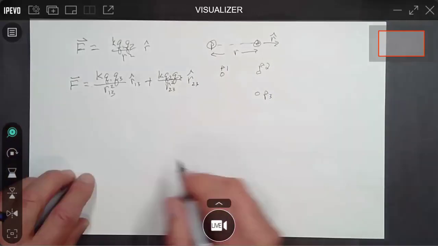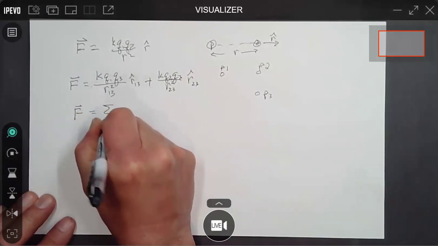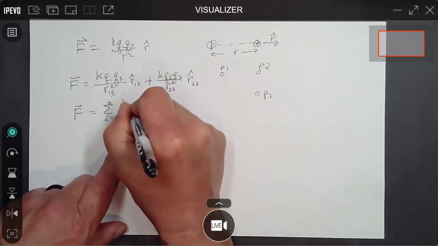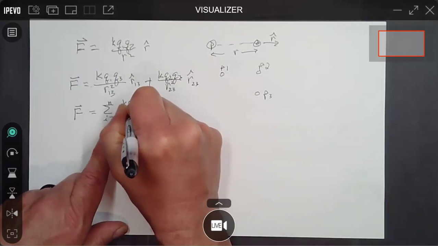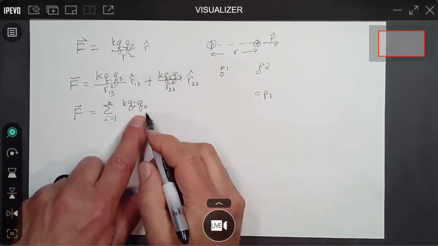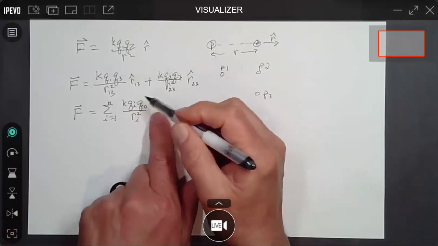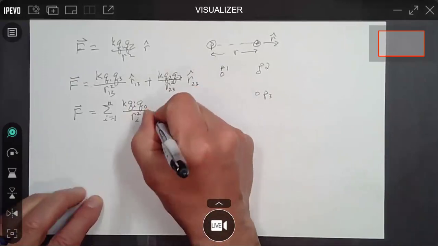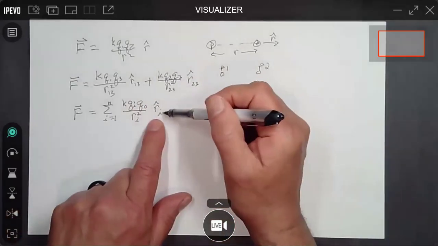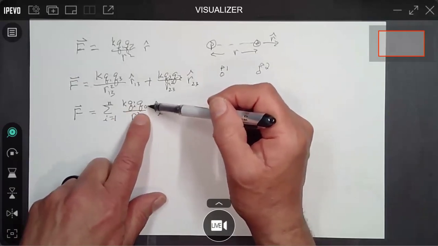Now, if we had many charges, we might be able to come up with an expression that looked like a sum from i equals 1 to however many charges you happen to have, of k times q sub i times q naught, where we call the particle of interest q naught, over r sub i squared, which is the distance from q naught to q sub i, times a unit vector r sub i hat that points from wherever charge i happens to be to wherever charge 0 happens to be.